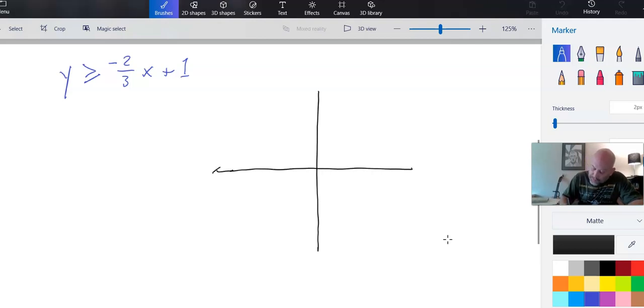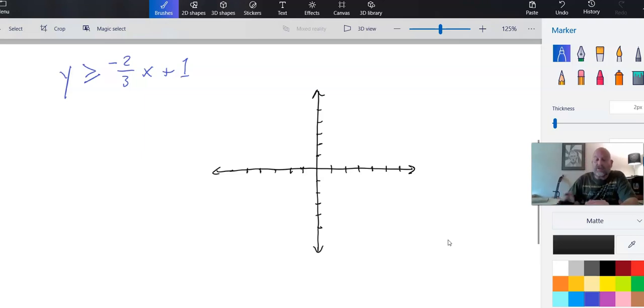Now, the procedure we follow when trying to graph inequalities is that we start by graphing it as if it was not an inequality, as if it were a line. So let's just get this thing graphed.